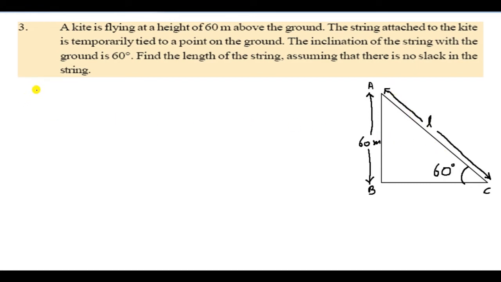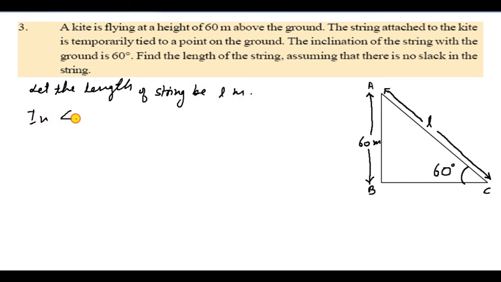Now let the length of the string be L meter. Now in triangle ABC, it is not tan, it is sine 60 degree, so it is perpendicular upon hypotenuse.